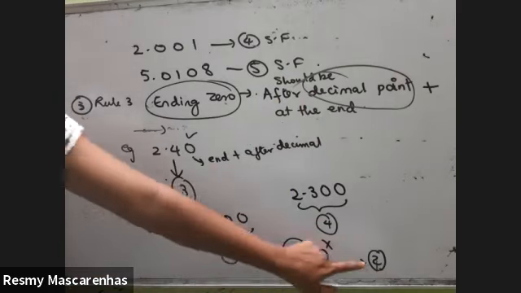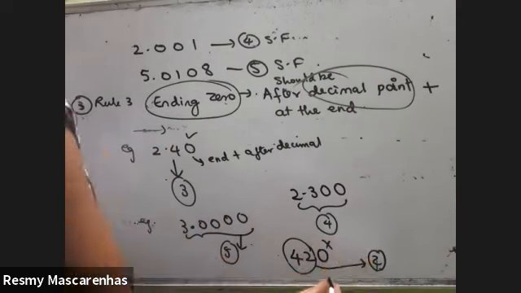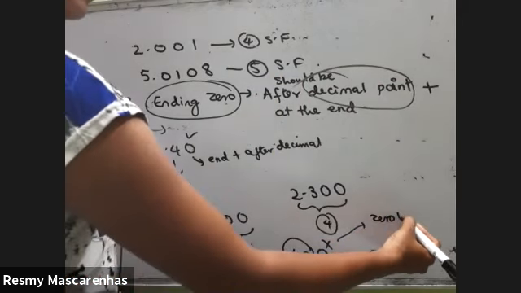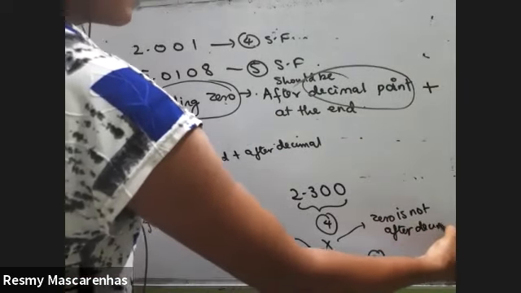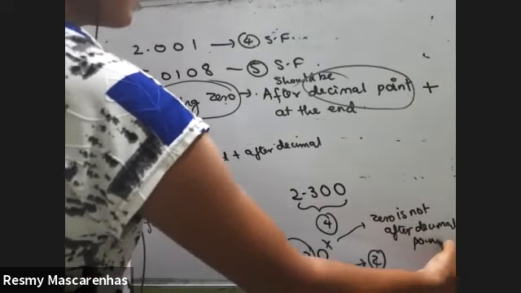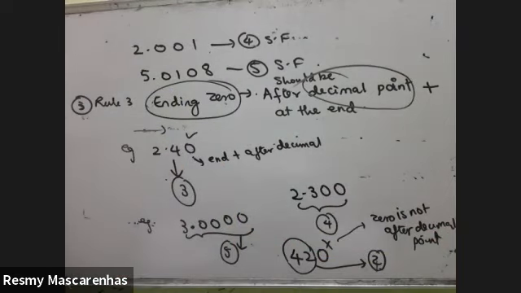So only these two significant figures, because 0 is not after decimal. Even though it is at the end, it is not after the decimal point. So that 0 is not to be considered under significant figures. So only the 4 and 2, two significant figures. So this was rule 3.